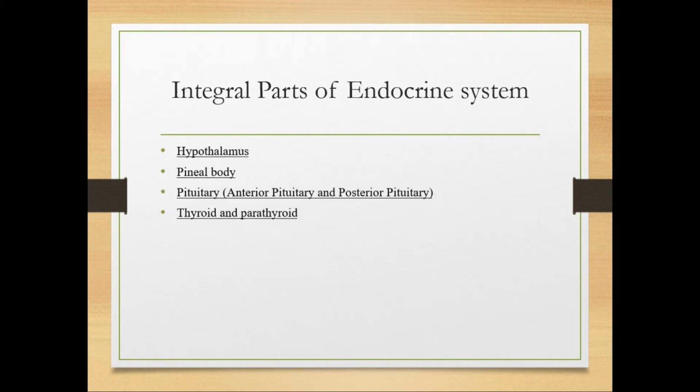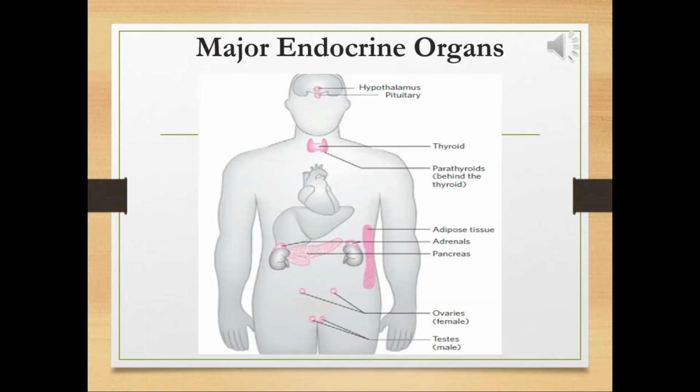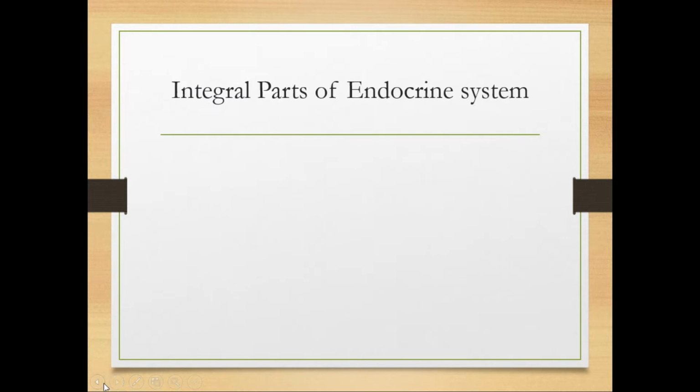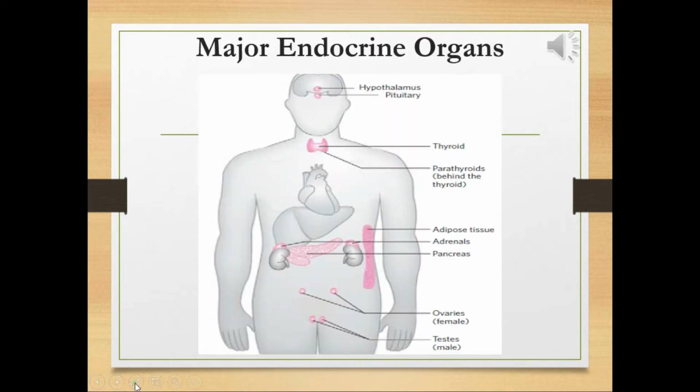Okay, the next very important is the thyroid and parathyroid gland. The thyroid gland and parathyroid glands are located in front of the neck, below the larynx, as we can see in this diagram. The larynx is known as the voice box.